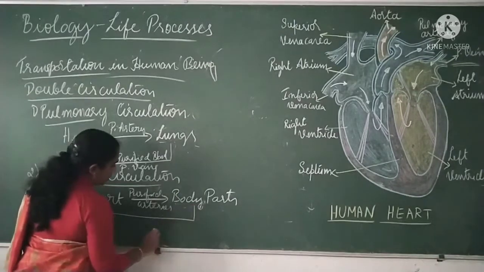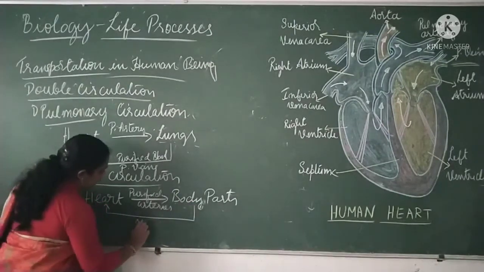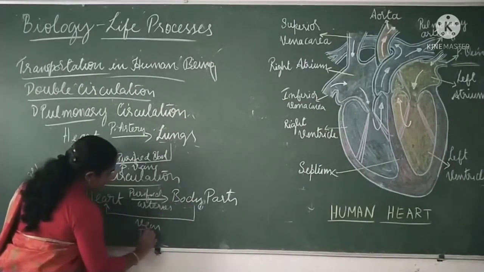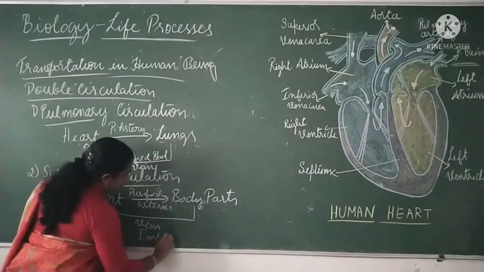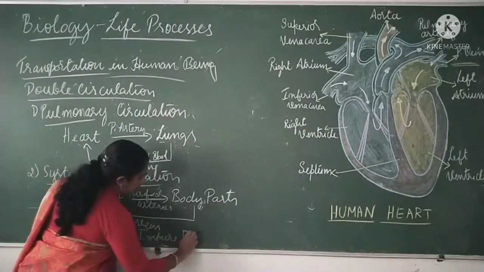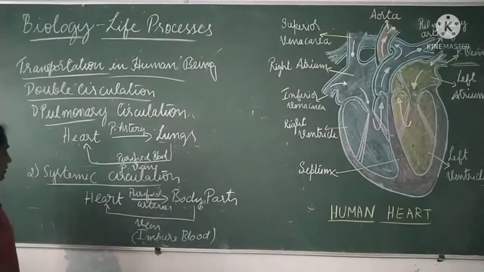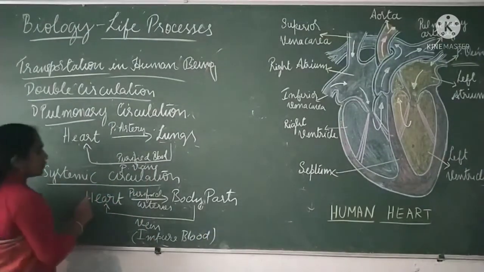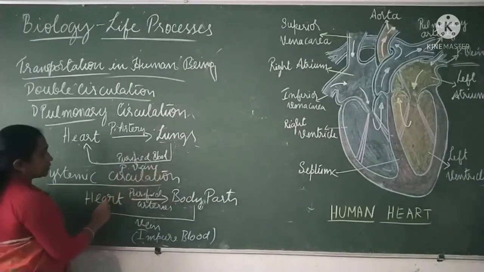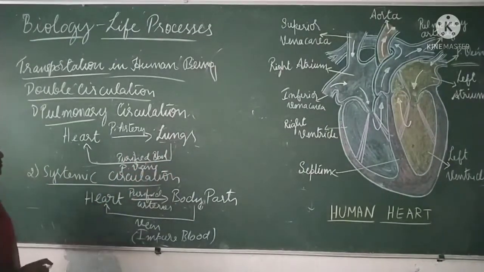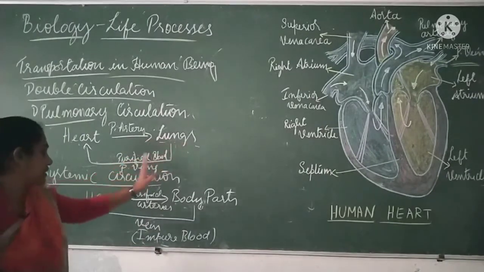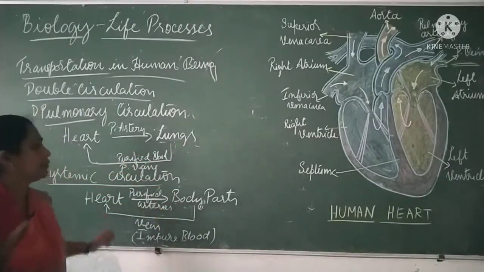The impure blood from body parts is carried through the veins, and this is called systemic circulation. Here you can find the movement of blood from the heart to different parts of the body and from different parts of the body back to the heart by the help of veins.